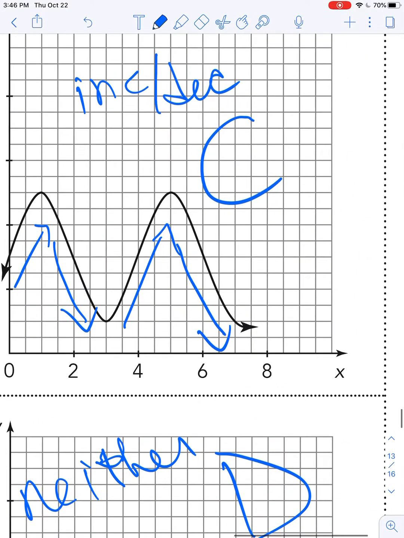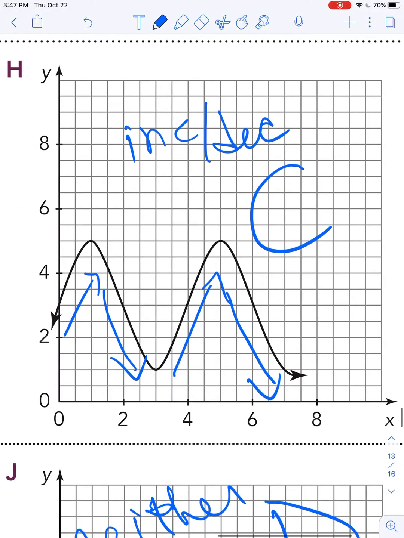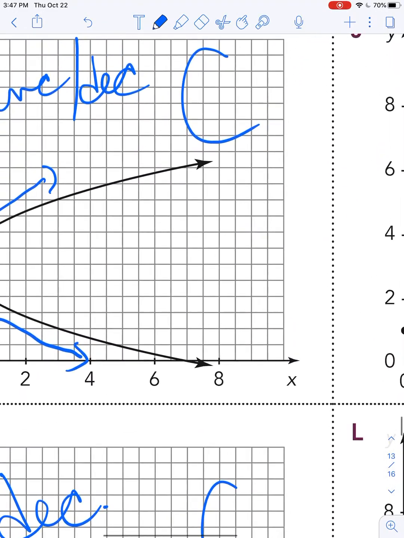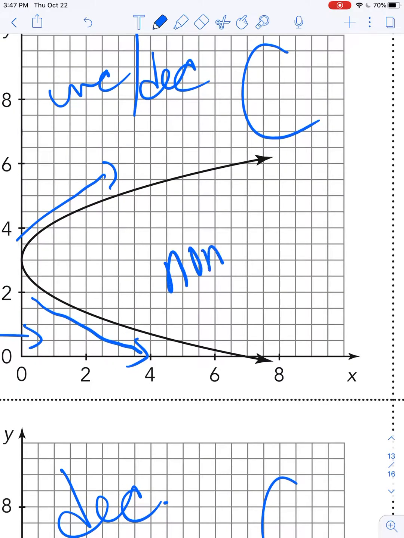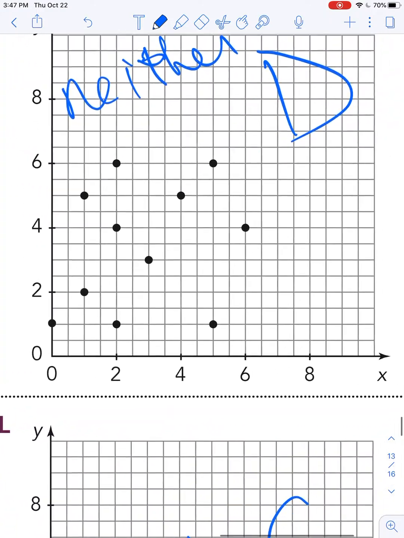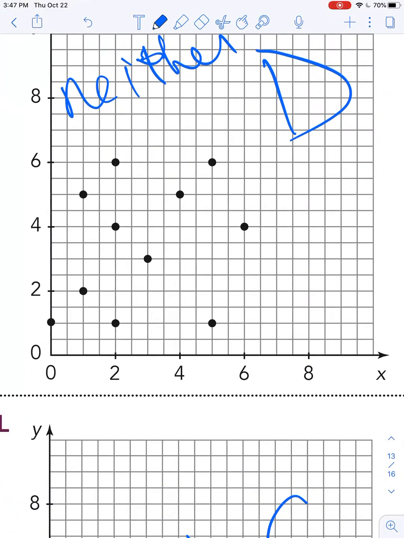Then this one, it's never going to make a straight line. So this is called nonlinear. Then this one, again, not going to make a line, nonlinear. This one, whew, not going on here either, nonlinear. No way that that's going to make a line.